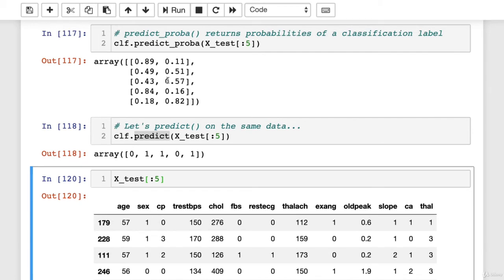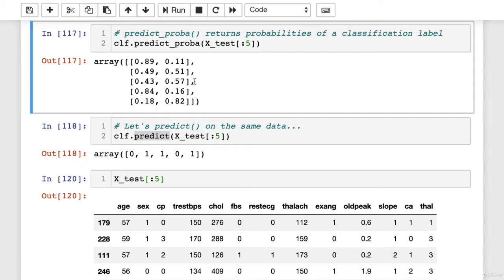So that's the difference between predict and predict proba. If we did have more than 2 classes here, so if we had like 10 labels, if you called predict proba on it, you'd get a probability value for each of those classes that we had. But because we only have 2, we're getting back arrays of 2 values here. And so the threshold, because we have 2 values, is whichever one has over 0.5.